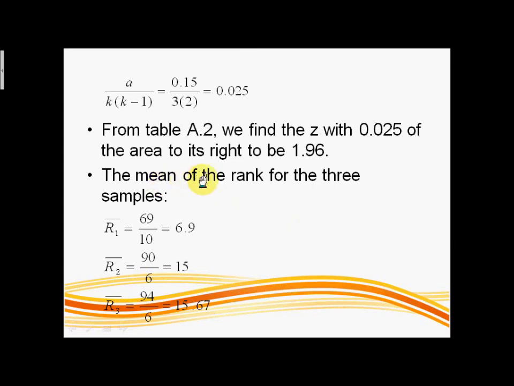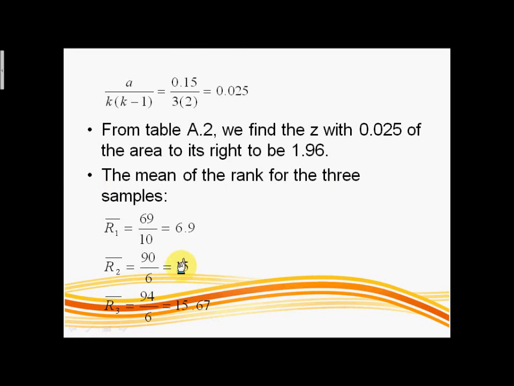To get the mean of the ranks for the 3 samples, we take, for example, the sum of R1 and divide it by the total number of observations in sample 1 so that we get R bar 1.